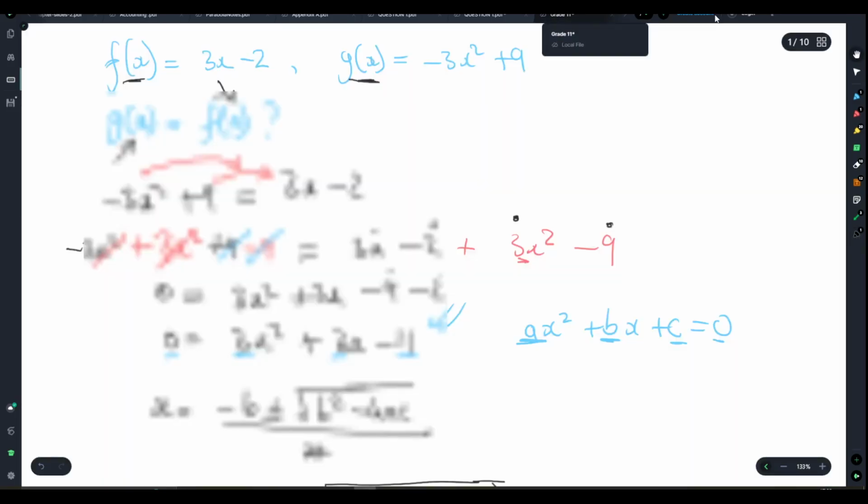These are the values of x. Let's confirm that.